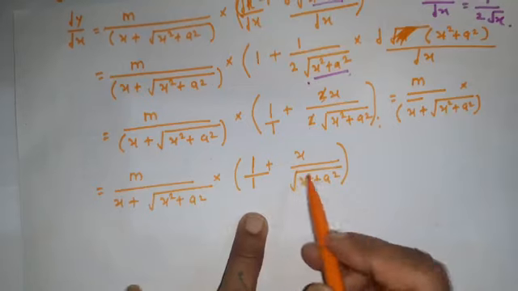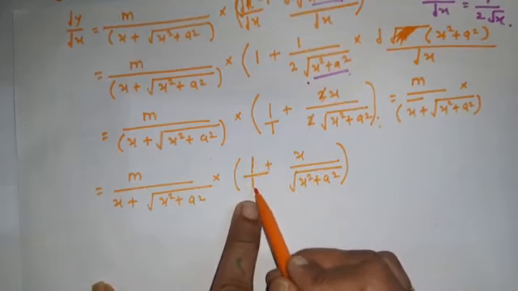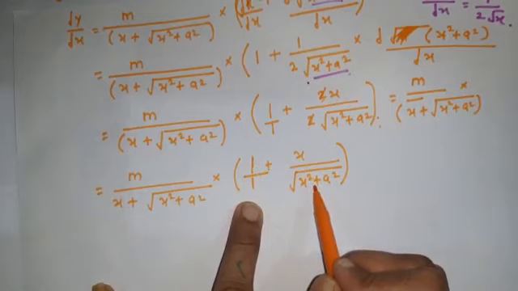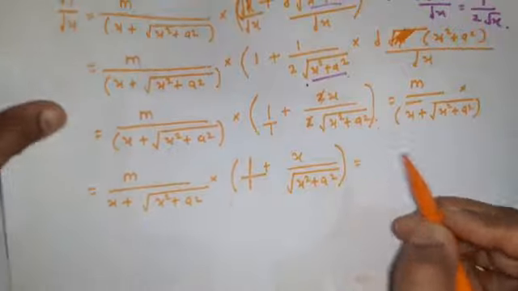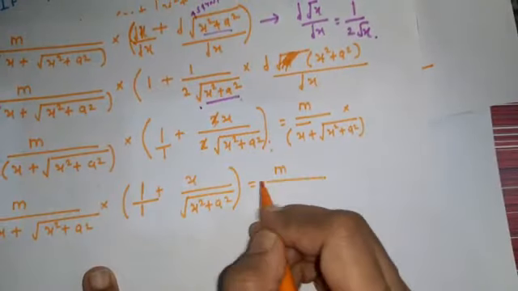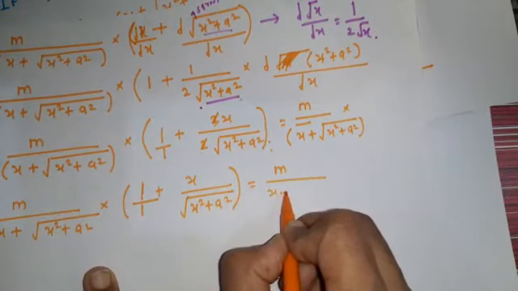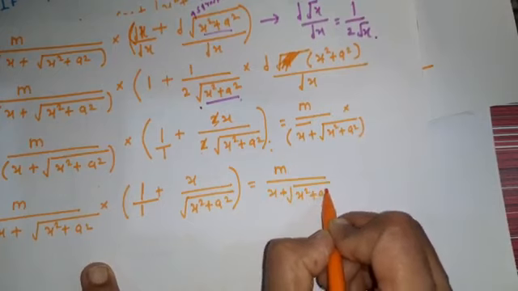In both the terms the denominator is 1, and here the denominator is x square plus a square. That's why we have to take LCM. The LCM will be, so in first term, that is m upon square root of x plus square root of x square plus a square.